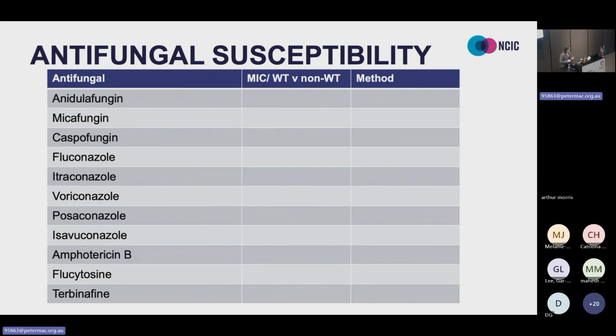But basically, it will serve as a table that you can enter the MIC, or whether it was wild type or non-wild type, or unavailable, into this part of the RedCap, and the method by which that was established. Obviously, liaising with the laboratory is ideal to ensure that this data is correct. If you're having any issues with that, let us know and we can try and help facilitate that.